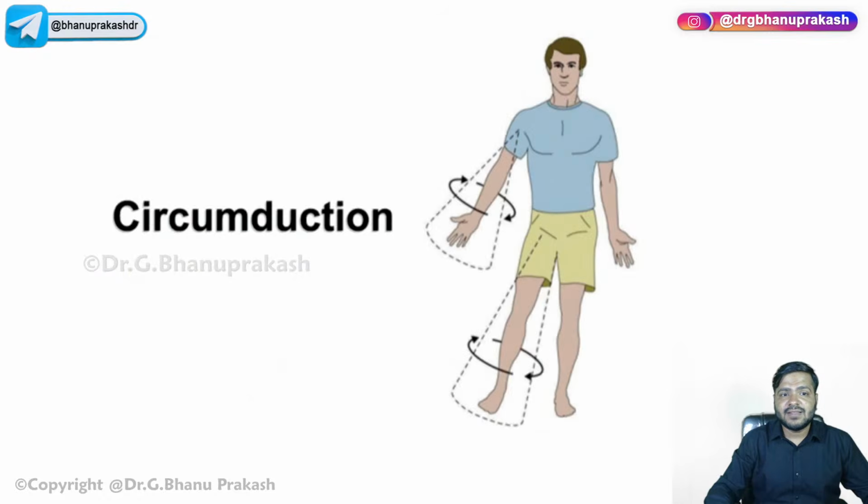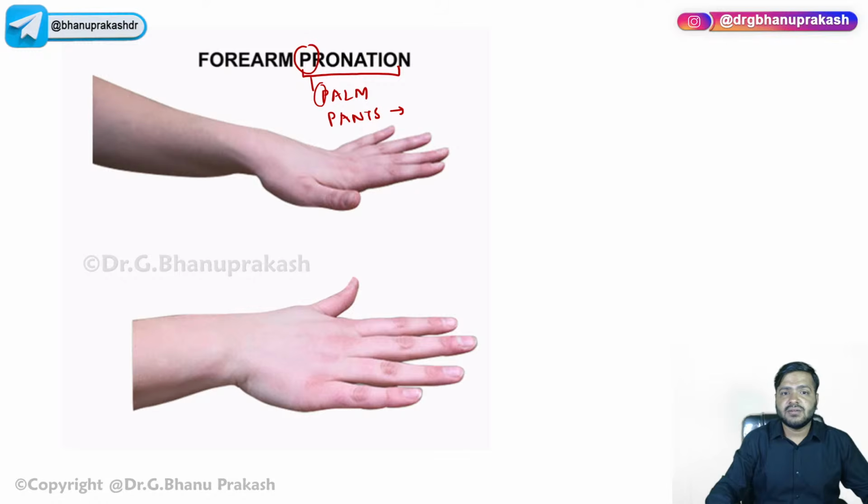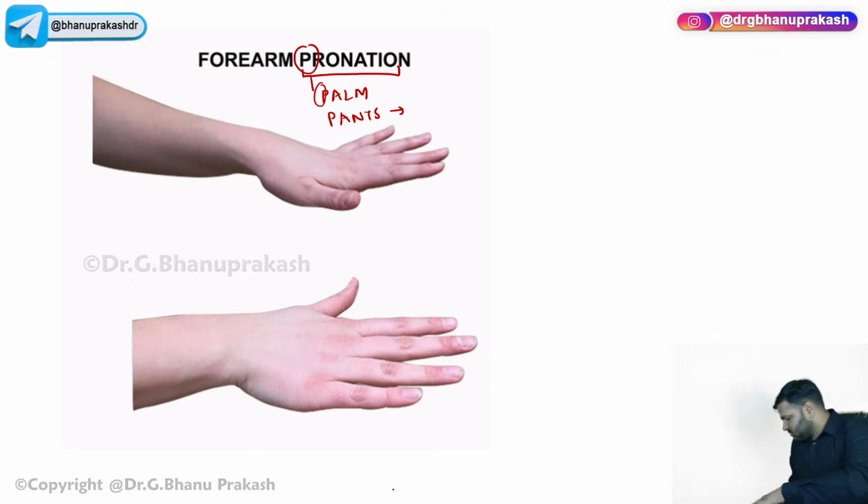So you can very well see that over here this is the pronation, where the palms are facing downwards along with the forearm, and as you rotate like this, see guys, check.